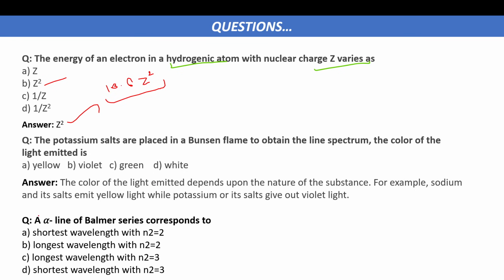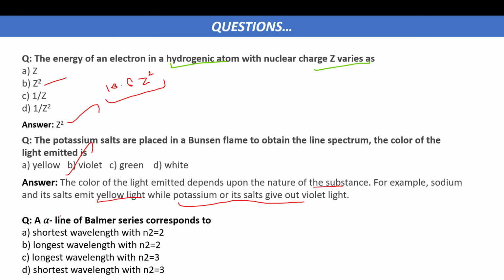So for the potassium salt, it is violet. Why? The color of the light emitted depends upon the nature of the substance. For example, if you have sodium salt, it is yellow and potassium gives violet.